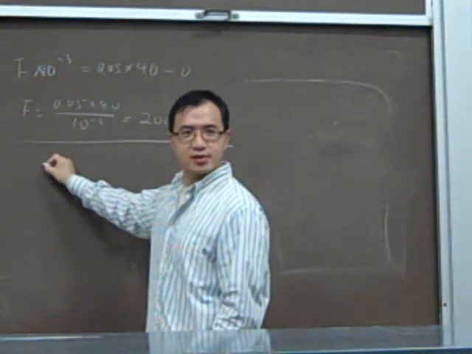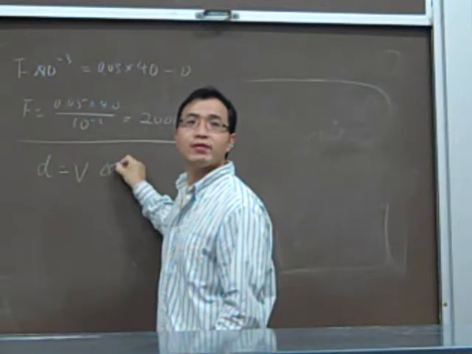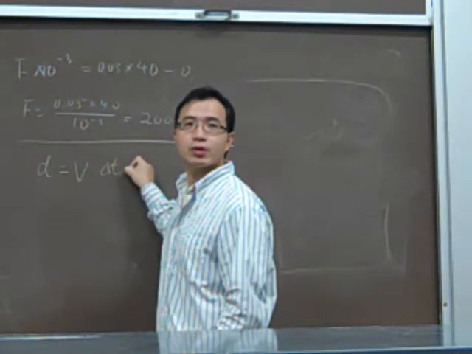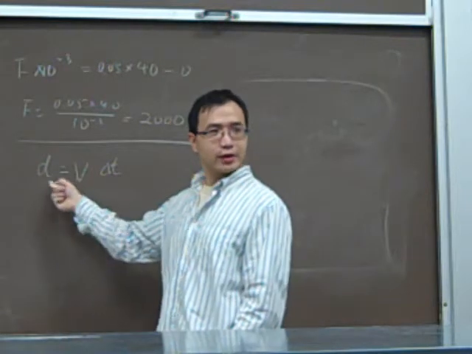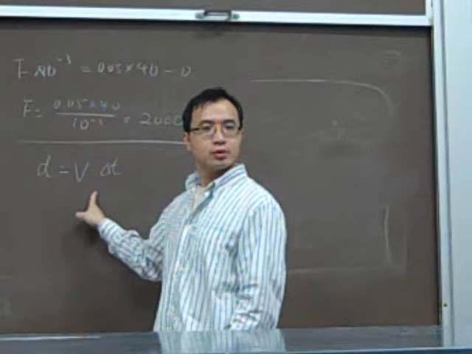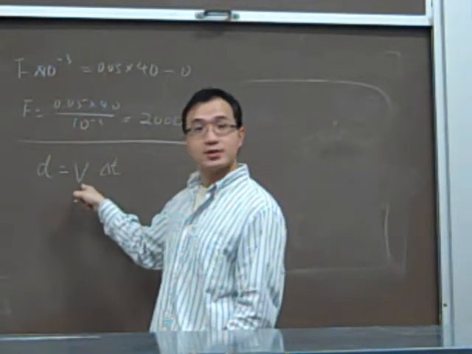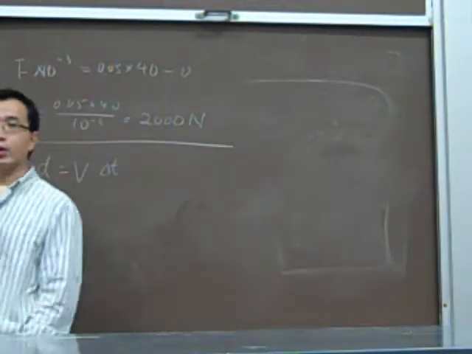We know the distance equals the velocity multiplied by the traveling time, right? This is an equation we know. We do know the time. Can we calculate the distance with this equation? Can we use that 40 meters per second? No, we don't know V. We cannot do that.